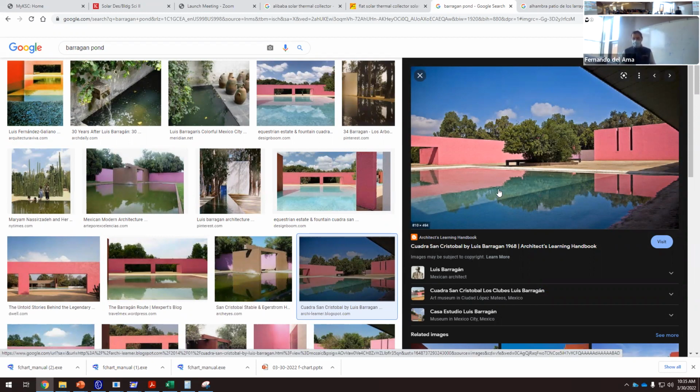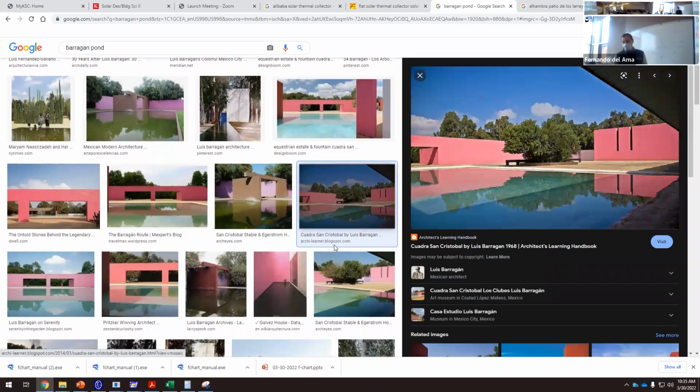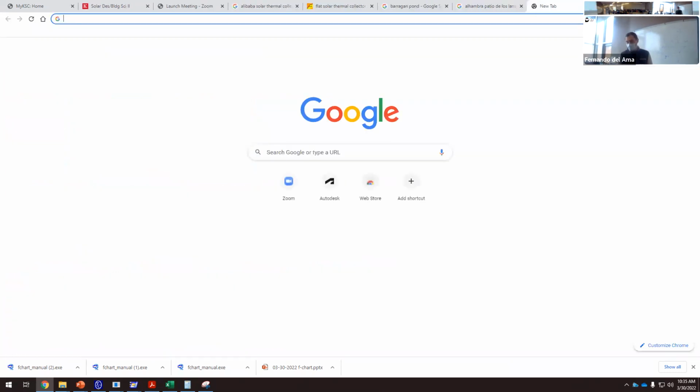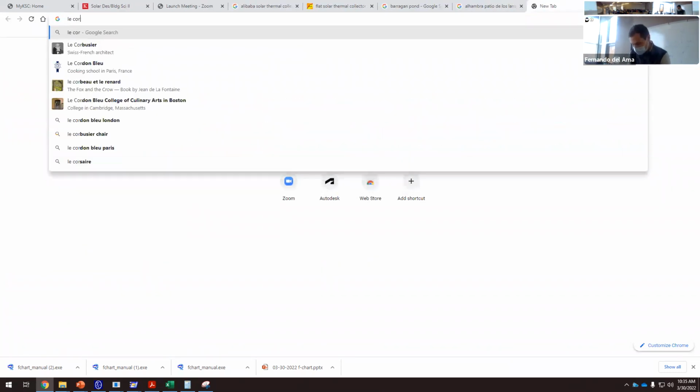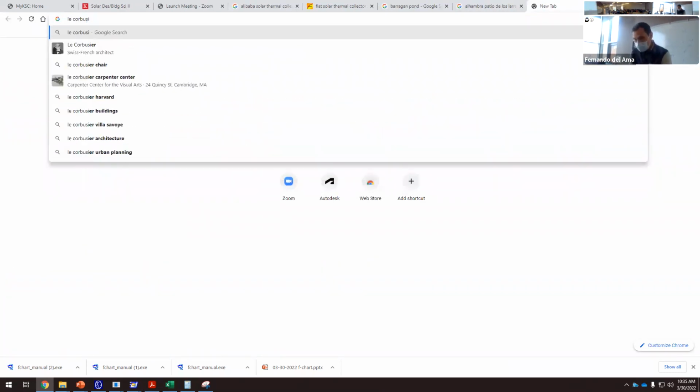It's nice. You feel fresh air when you are close to the water. You have the reflections, so everything is beautiful when you have water. And we have a lot in Le Corbusier, here.